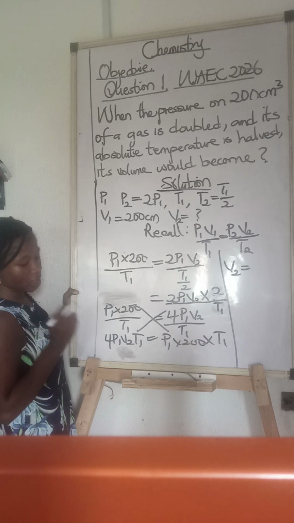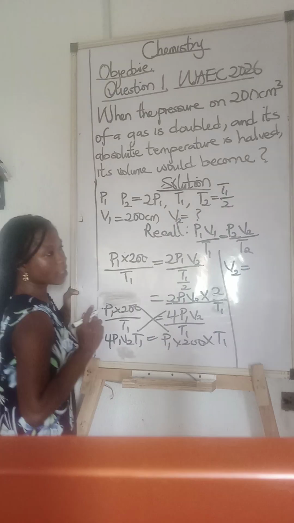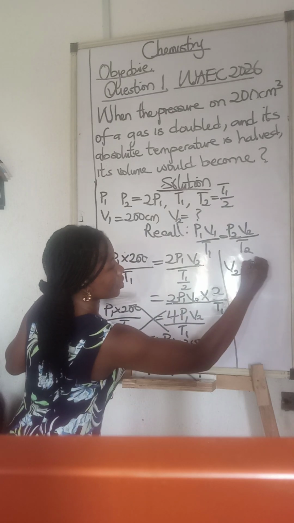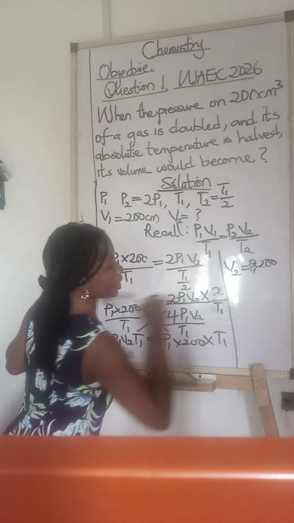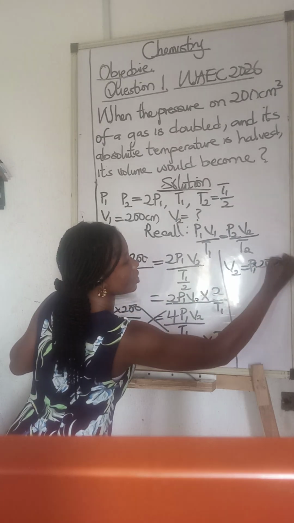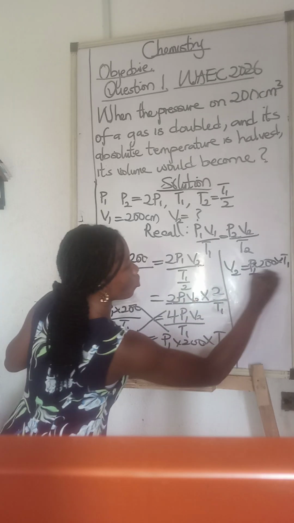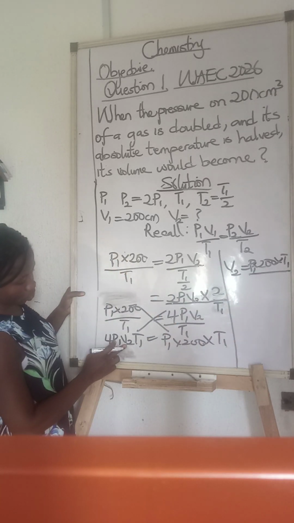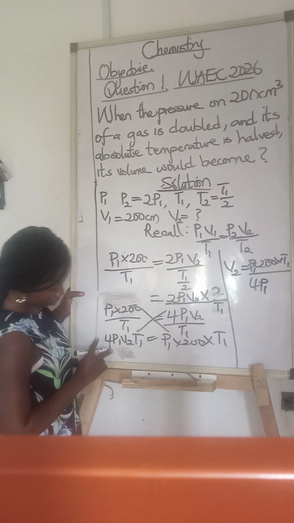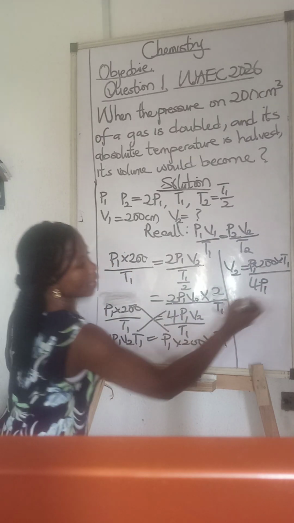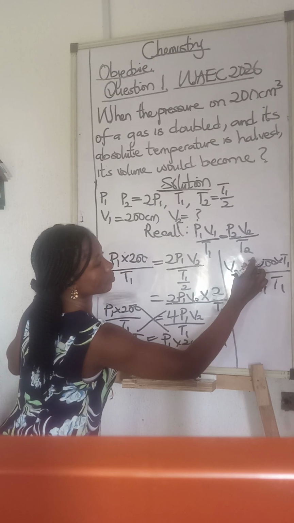They will go this way, and when they go this way, they will divide. So this will give me P1 times 200 times T1 over what is leaving V2, 4P1 then T1.